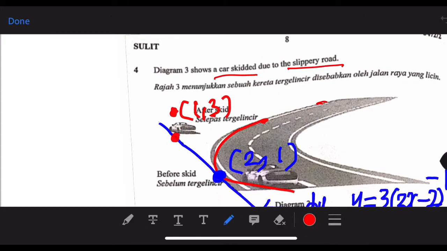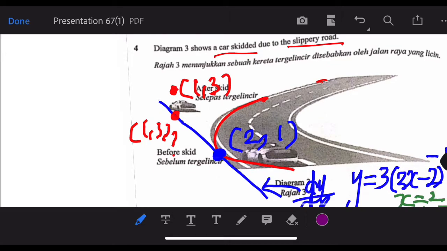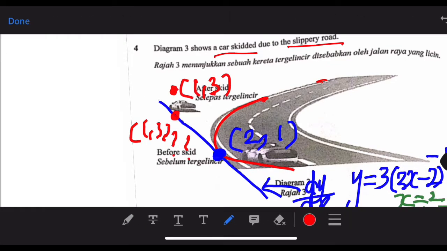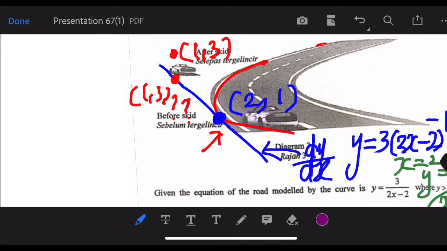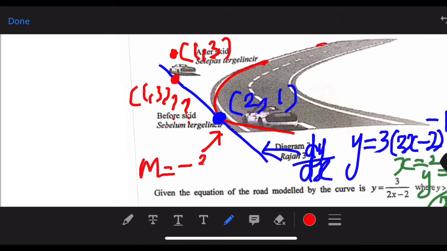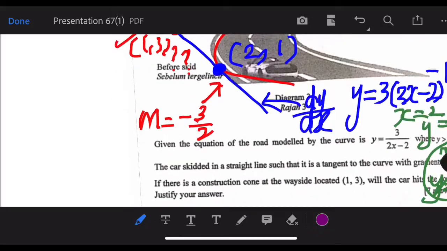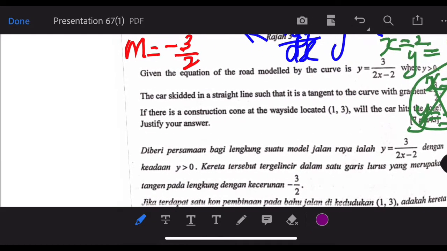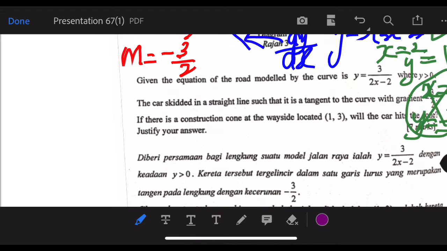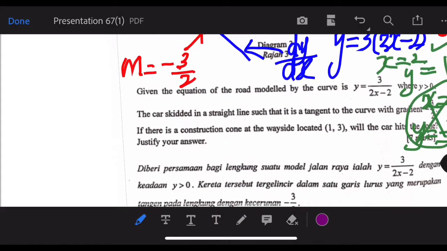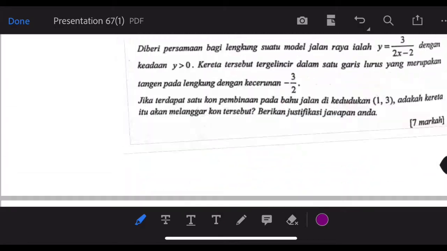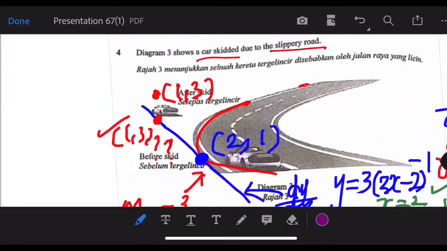If it lies on the line, then we try to find the gradient. If the gradient produced by using (1, 3) is the same as the gradient of the tangent to the curve just now, -3/2, then we can say that the point actually lies on the line, and then actually the car will hit the cone, right? So now let's try to find the gradient of this point (1, 3).